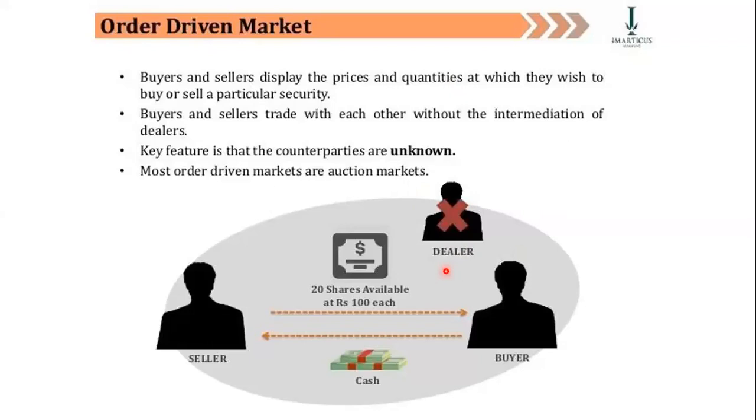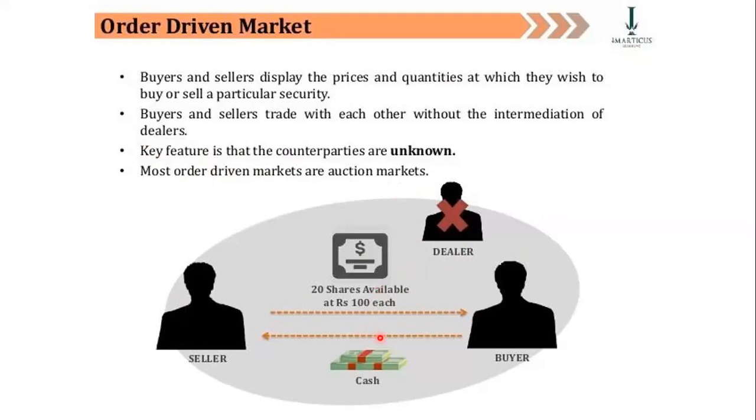Therefore, there is no payment for intermediaries. There is no commission. The key feature is that the counterparties are unknown. So most order-driven markets are the auction market. Auction you can find, right?